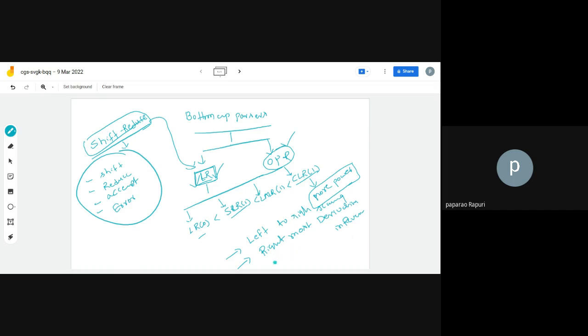In the previous class, we discussed clearly why we call this left to right scanning, because every time it scans the leftmost symbol of the input string. It follows a left to right scan. And secondly, rightmost derivation in reverse.